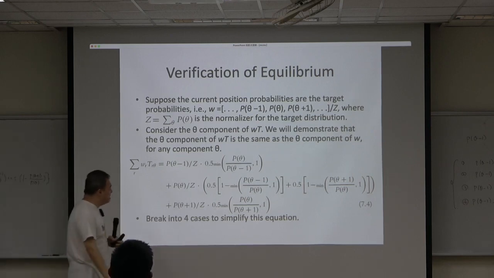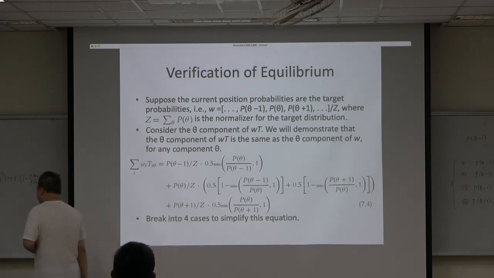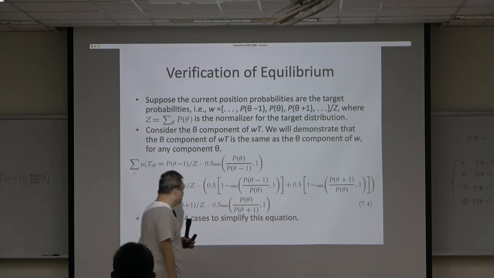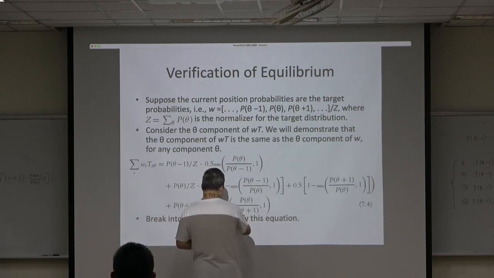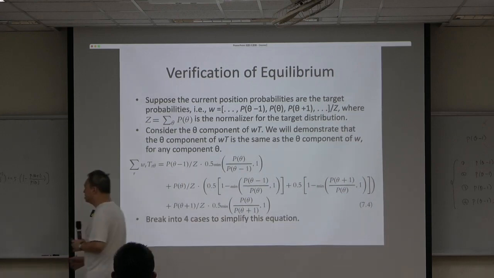And then the last term, plus p theta plus 1 divided by z times 0.5 times this one. Because p theta is larger than p theta plus 1, this term is going to be larger than 1, so we just take 1.